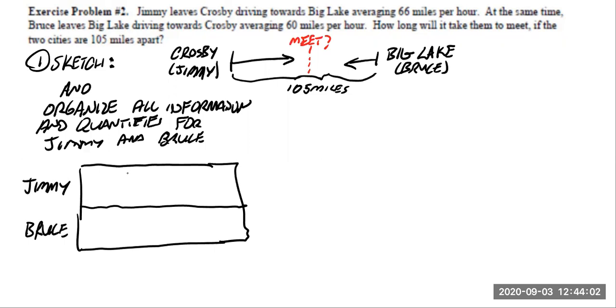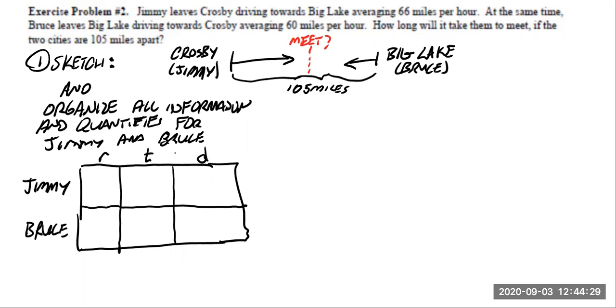But then for each one of these, I want to define the rate, the time, and the distance for each one. So this chart is going to help me keep my information organized. In this first box, this would be reserved for Jimmy's rate, and then the bottom, this would be Bruce's rate.